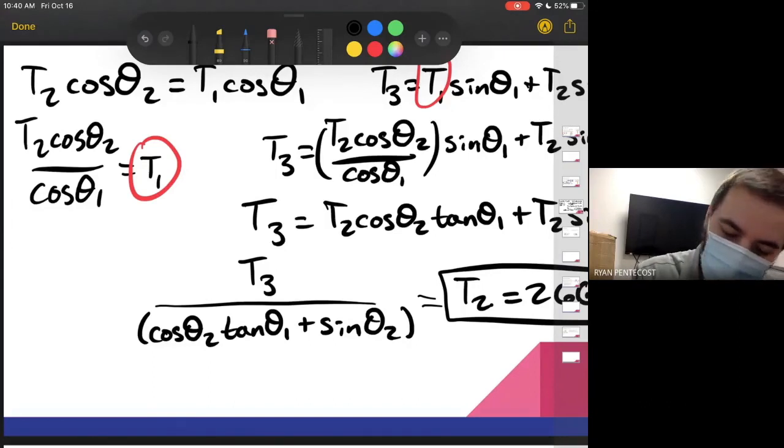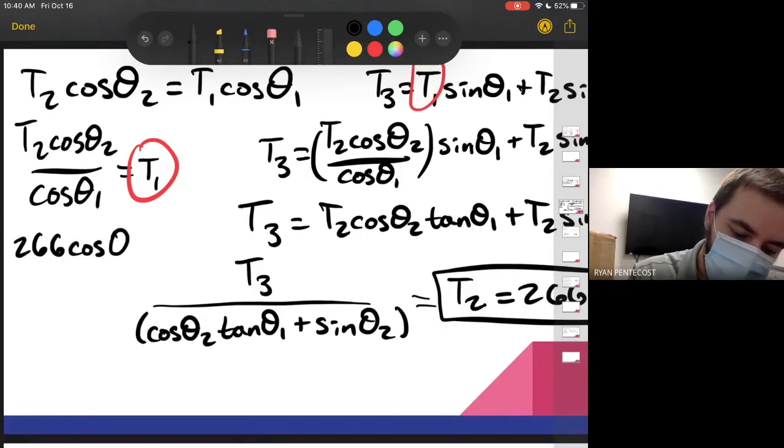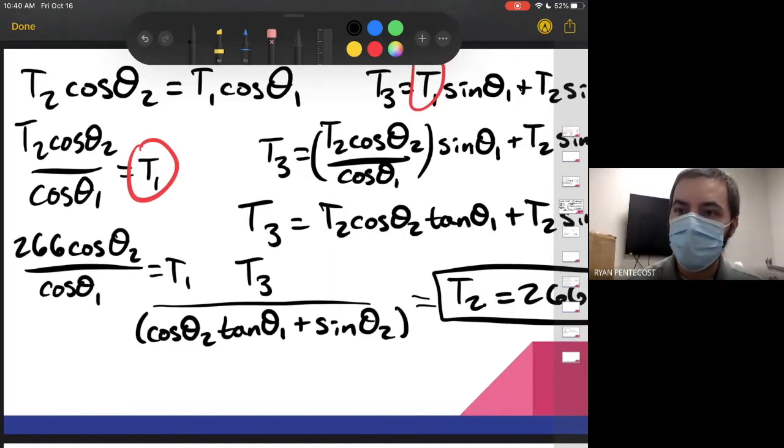If we take 266 times cosine theta 2 divided by cosine theta 1, that will give us T1. And remember, theta 1 is 25, theta 2 is 18. We were given that.